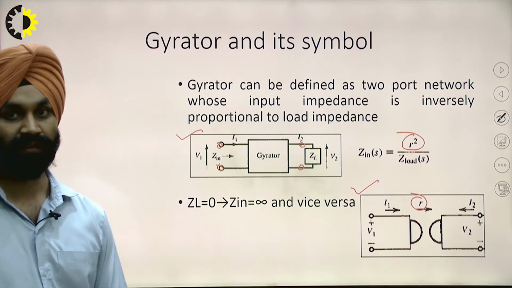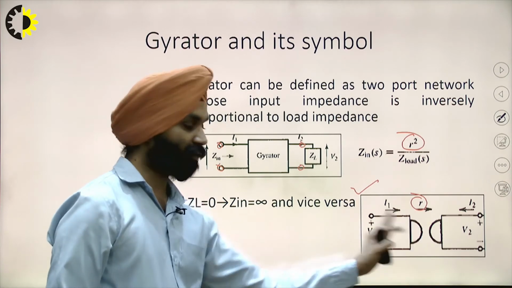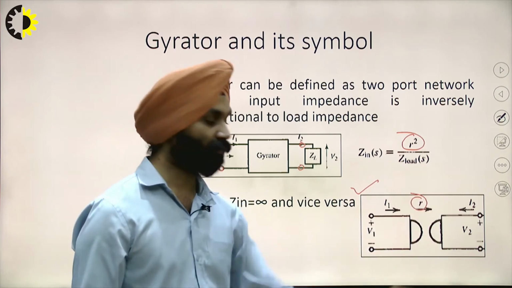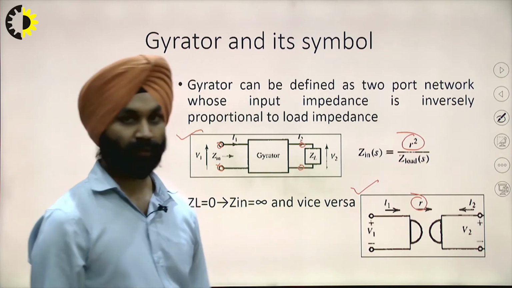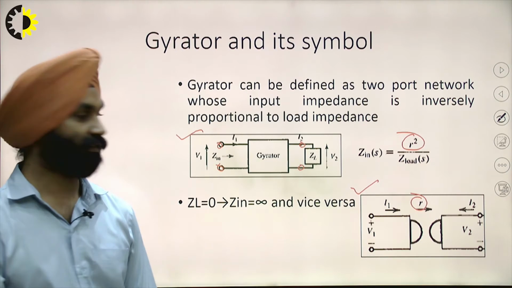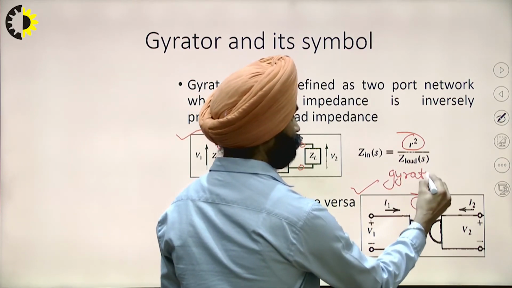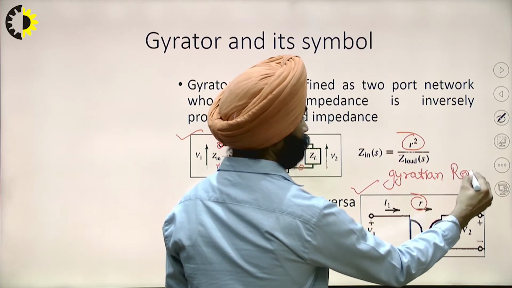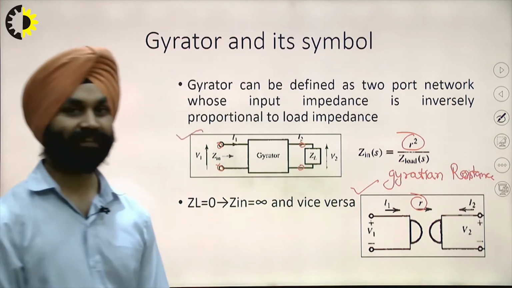One side represents one voltage controlled current source, and the other represents the other voltage controlled current source. In between, the proportionality constant is R square, which is also known as the gyration resistance.